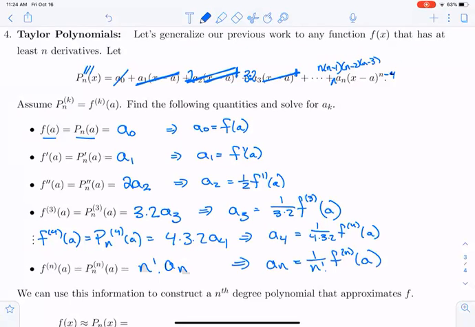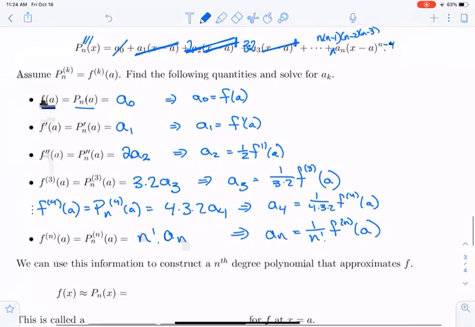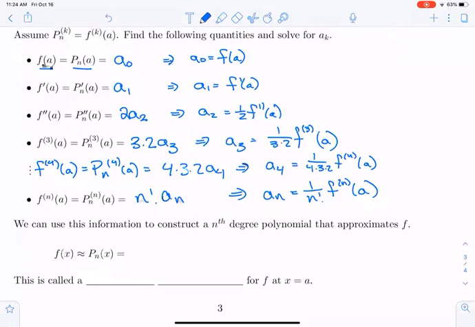So that's the general formula for one of these Taylor polynomial coefficients. So now I can write out what the polynomial is.